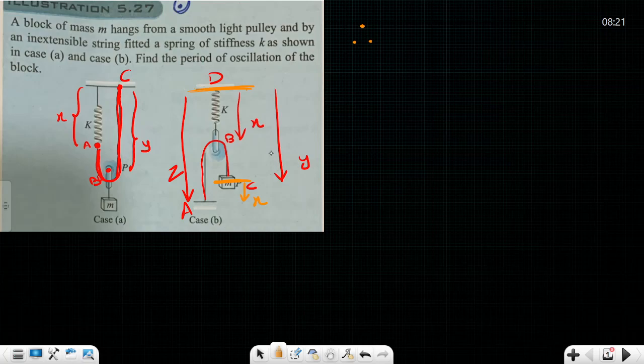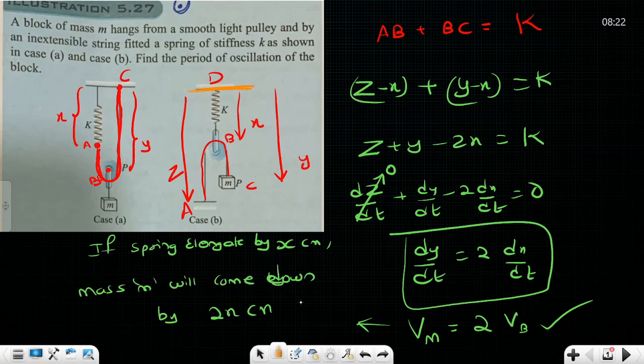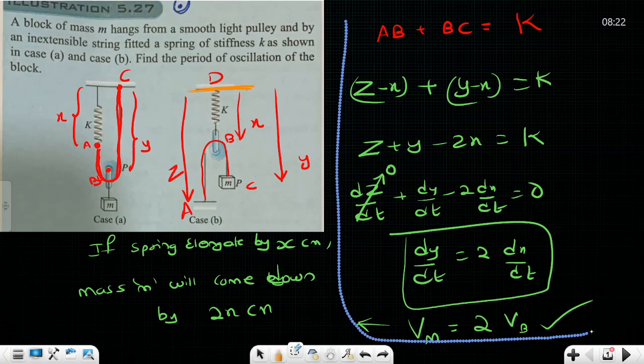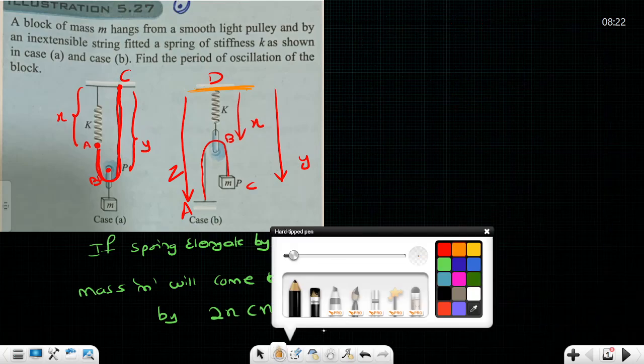What did we get? One second, I have erased it. Here, Vm is equal to 2 times V of B. Okay. I will not erase this one. I'll erase this part. See here.